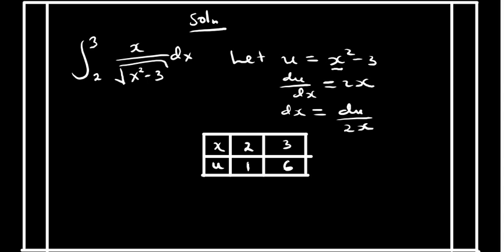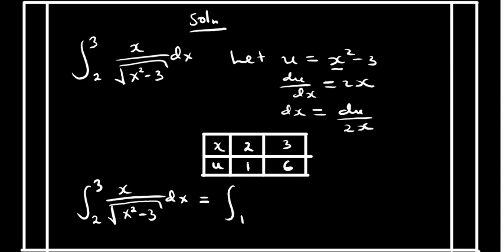So our new limits are going to be from 1 to 6. So we shall now say the integral from 2 to 3 of x divided by the square root of x squared minus 3 with respect to x is equal to the integral. Now the limits have changed from 1 to 6, and the x, we know it's going to cancel because of these 2x here that you see.